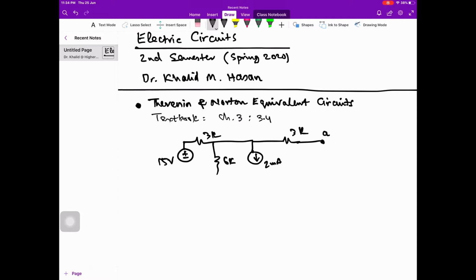This is node A, B. This is the circuit, and at the right hand of the circuit we have connected some load. This load may be a single resistor, or a combination of resistors, or it may be just another circuit.